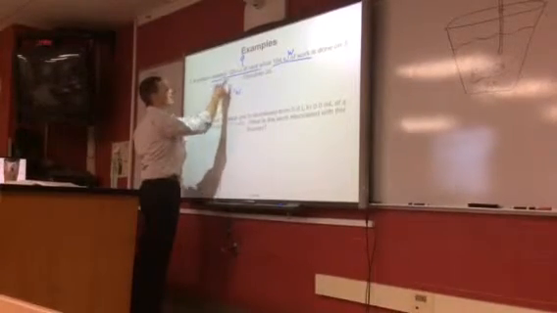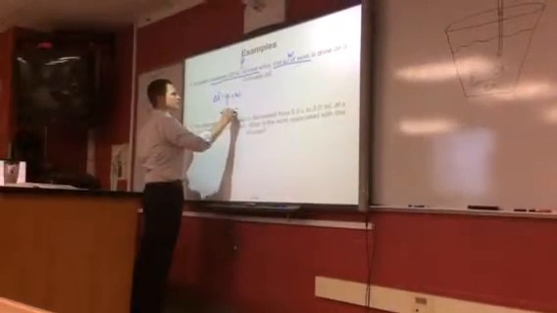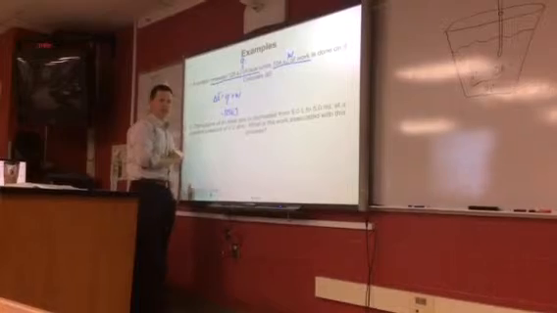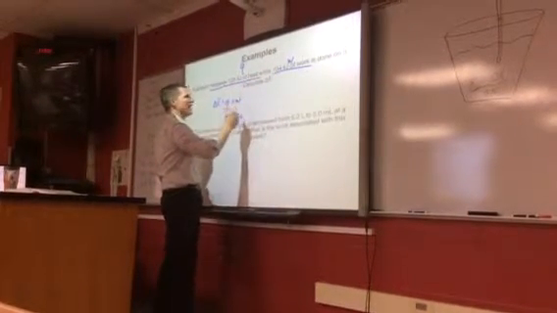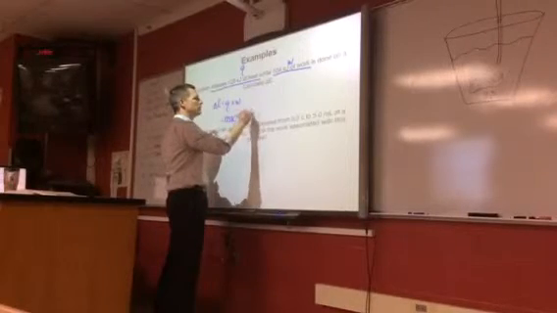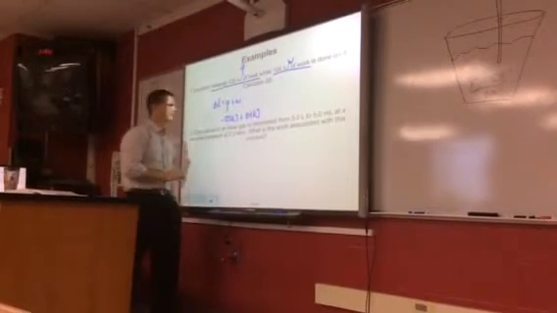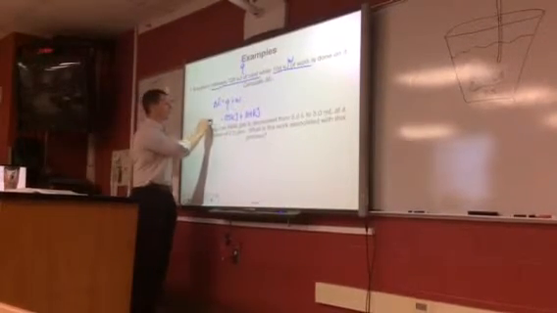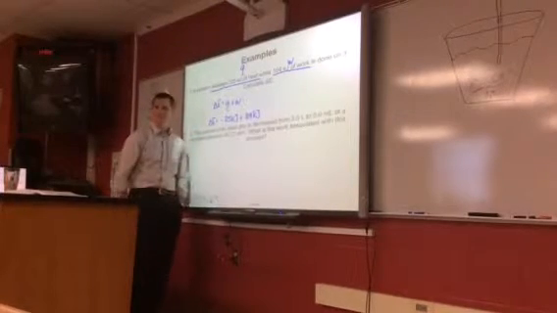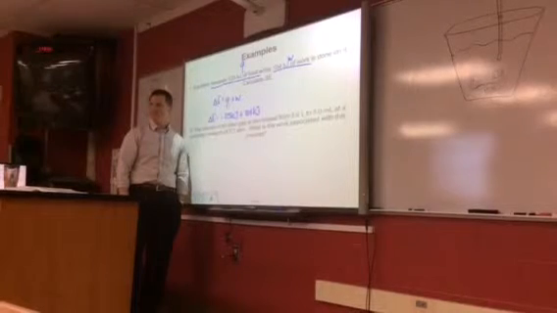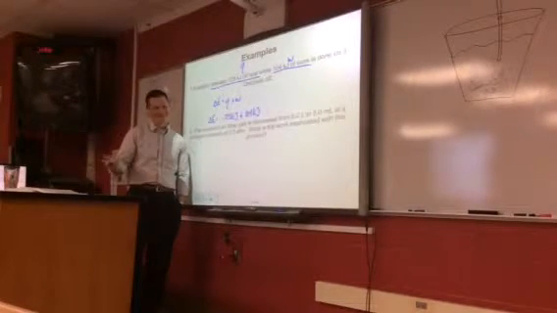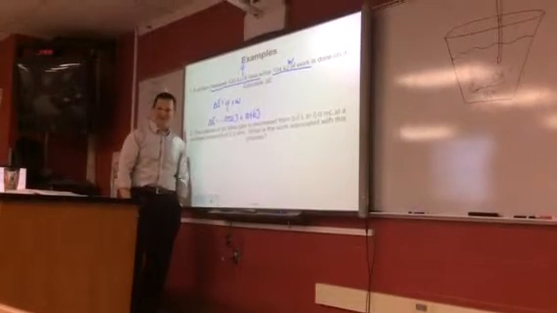Okay, so we have Q, which is negative 125 kilojoules, because it was releasing heat, plus, we decided the work was going to be positive because the work was being done on the system. We just add a couple of numbers together.